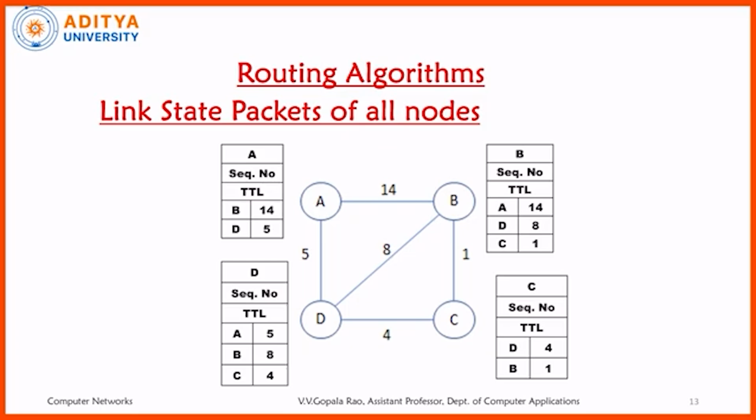The next thing is how to calculate the shortest route. Even though the distance from A to B is displayed as 14, that may not be the shortest, or may not be the cheapest one. There may be some other route which leads in a shorter way, so in the link state routing algorithm there is a process called the Dijkstra algorithm.